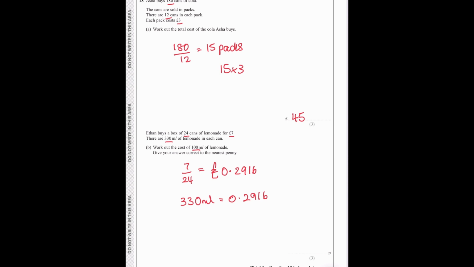So to get 100, we need to divide that. 100 divided by 330 and times it by 0.2916, which gives us the answer of 0.0883. Now we want the cost to the nearest penny. So to the nearest pence, let's change this into pence. That's going to be 8.883. So to the nearest pence, it's going to be 9 pence.